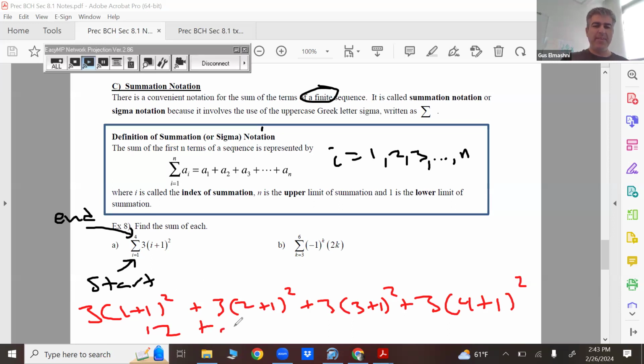That's 27. That's 48, if I'm not mistaken. 75. 39, 87, plus 2, 162, I think. Am I correct in saying that?